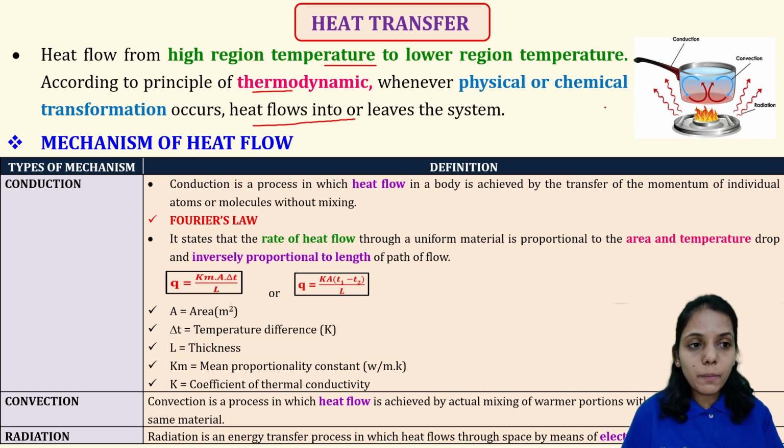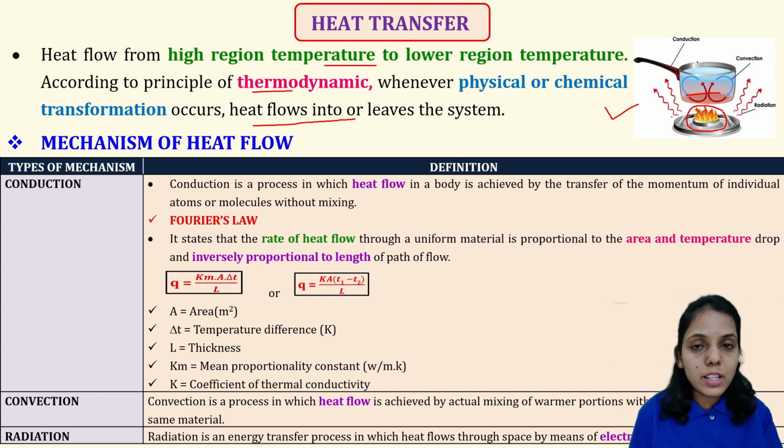So if you see the diagram here, this is a source from where the heat is generated. This is a vessel. Now if it is transferring from the source into the gas in the form of radiation, the mechanism involved is known as radiation. For example, if we keep water into this, the below surface will have higher heat as compared to the upper surface.